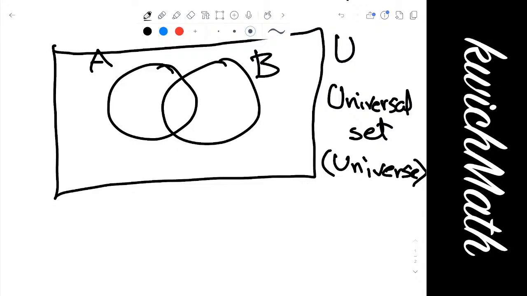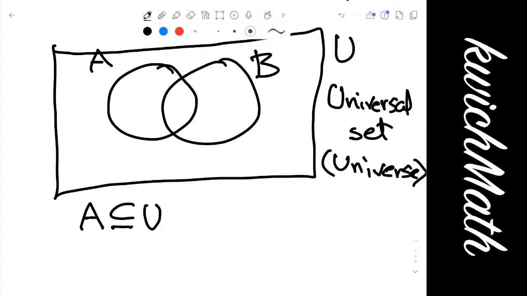And what you can see here already is that what we're tacitly assuming is that A is a subset of the universal set. And we write this with this symbol. Right.